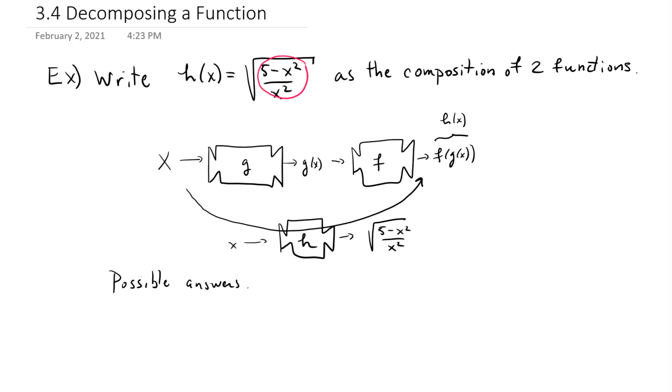So a possible answer is g of x is (5 minus x squared) over x squared, and then we take the square root of that. So this is the function square root that will do that. Okay? So this is what I meant by inside. You want your g to be something that's going to replace x in the formula for f. So you're looking for a function you can plug inside another one.